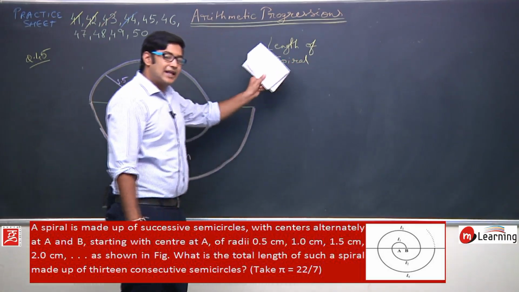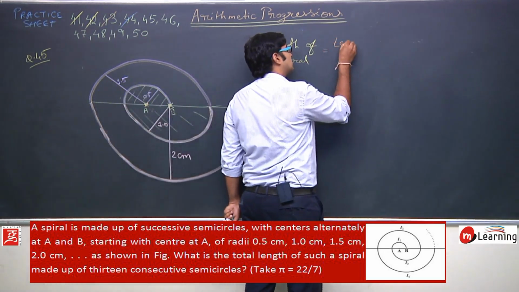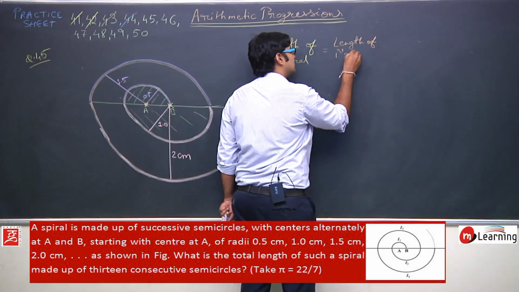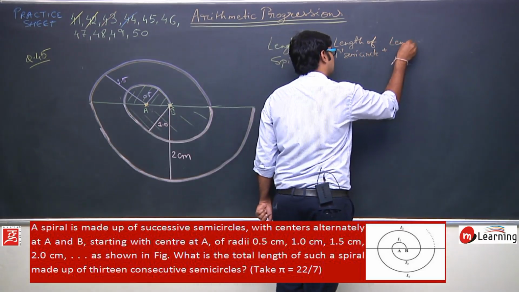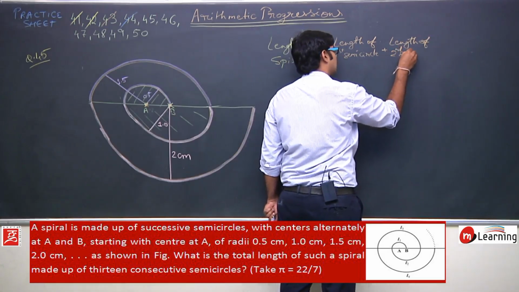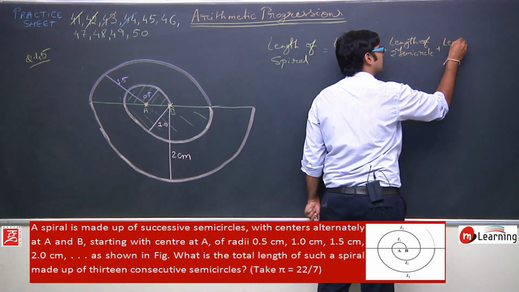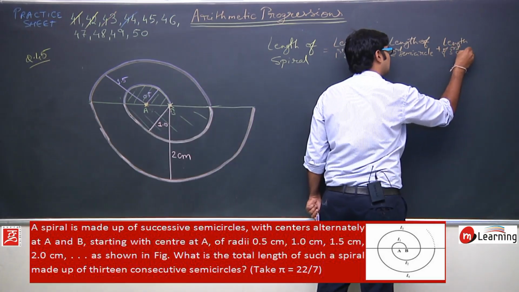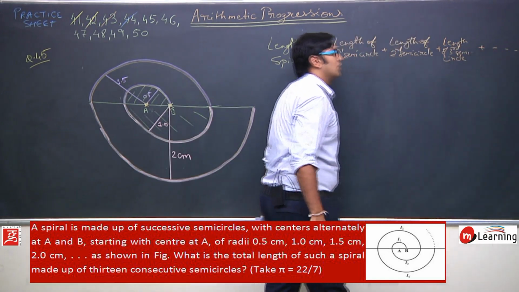I will say the length of spiral will be equal to length of first semicircle plus length of second semicircle plus length of third semicircle, and so on.